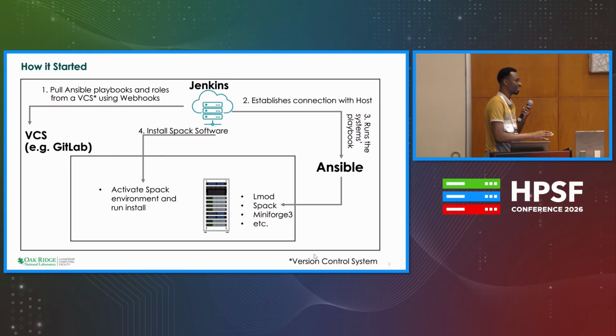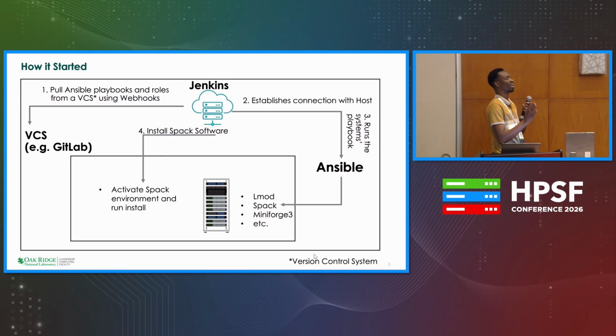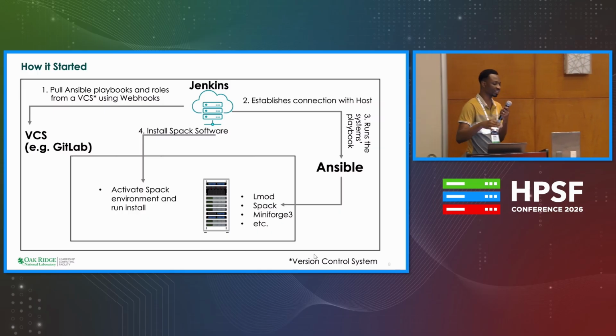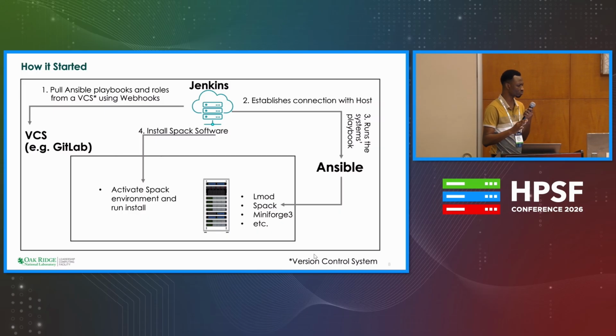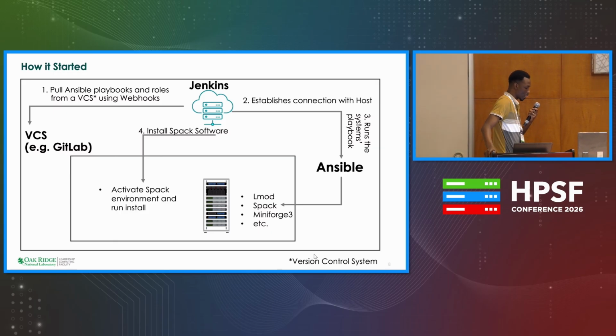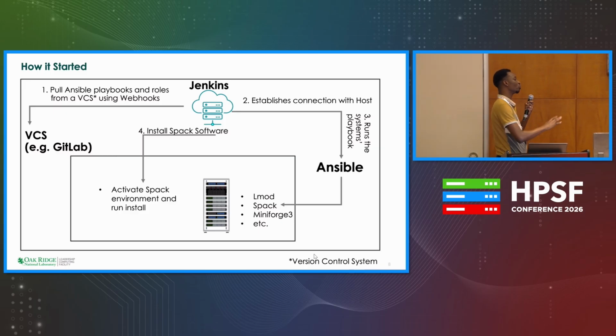So when we started this, in terms of CI, this was what we envisioned, having Jenkins automate everything for us. And so we started with this, stood up a Jenkins server on a pod within our Kubernetes cluster. And there were a couple restrictions.